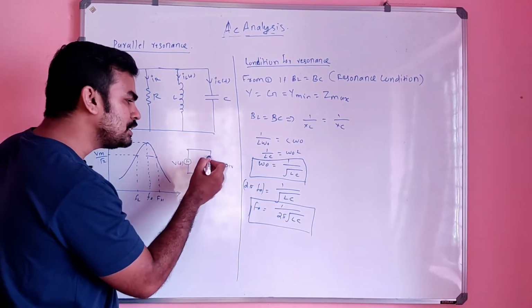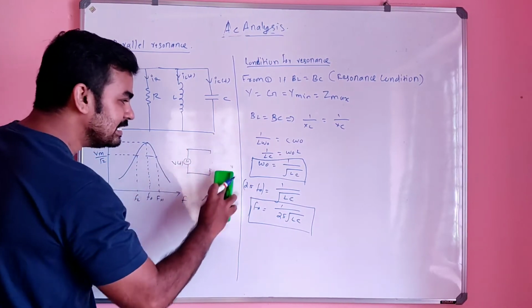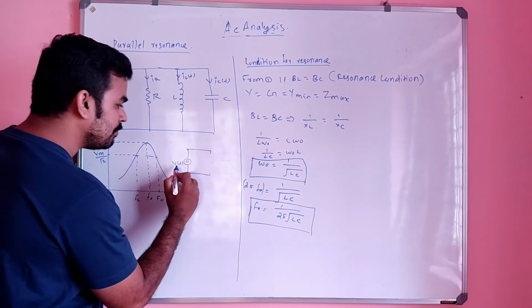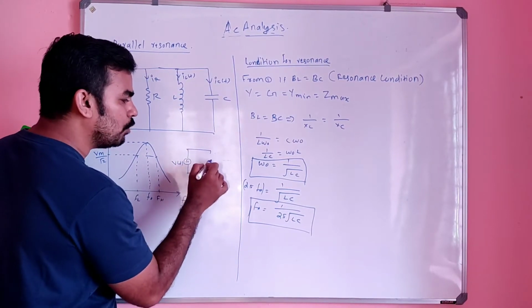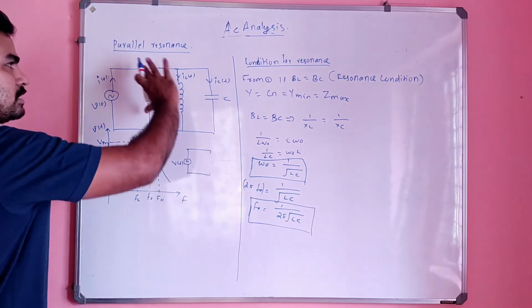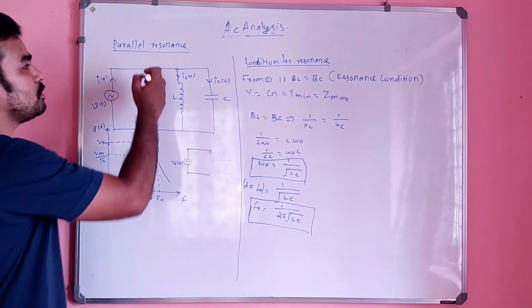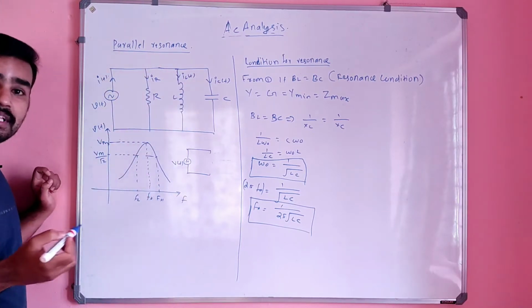And the maximum value of voltage will be obtained when it is open circuit. Is it correct? The maximum V of t will be obtained here when it is open circuit. That means the voltage across any two terminals is directly proportional to the impedance.